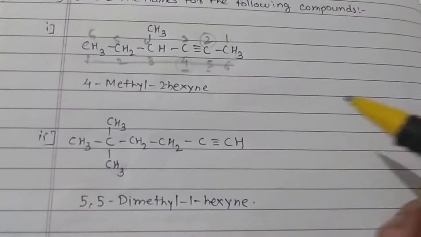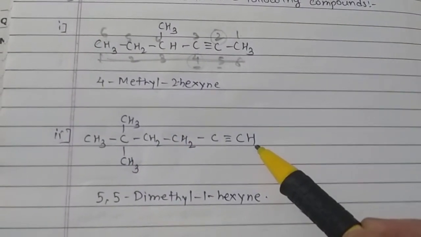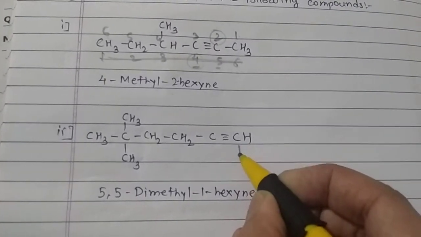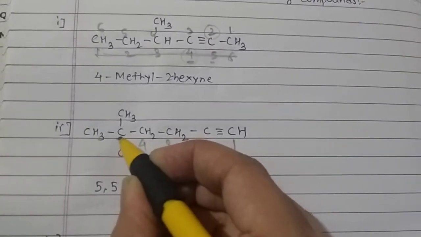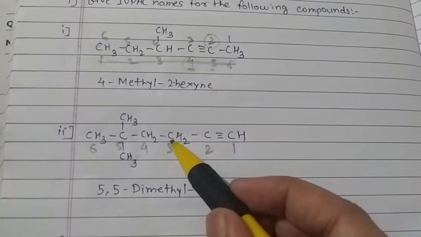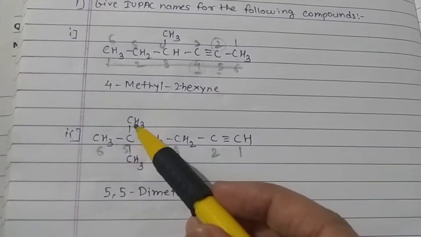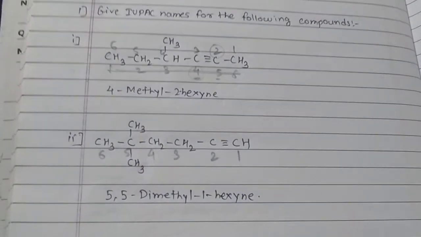Next example. So longest chain again of 6 carbons, and again we will number from the functional group present, that is triple bond. So 1 2 3 4 5 6, and methyl groups are there as substituents on fifth carbon.